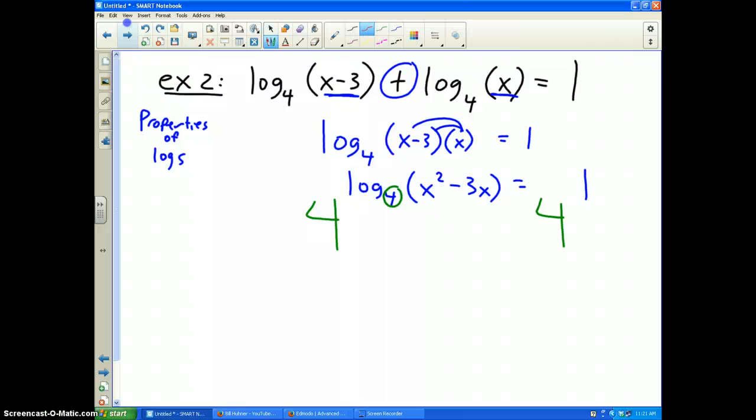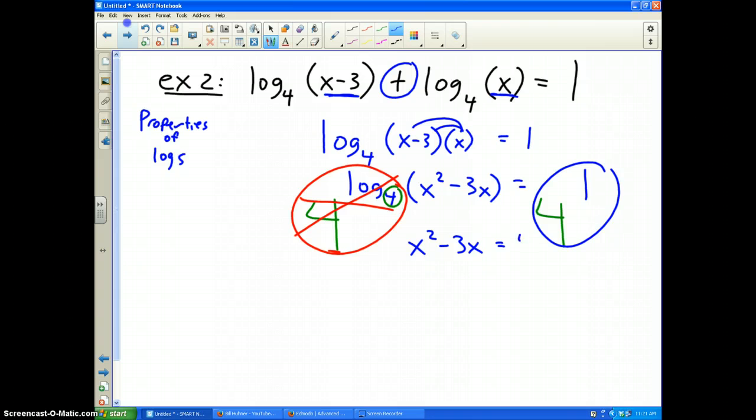So base 4 and log base 4 will cancel out. And my equation becomes x squared minus 3x equals 4 to the first power, which is 4. Okay, now I've got to solve this equation.